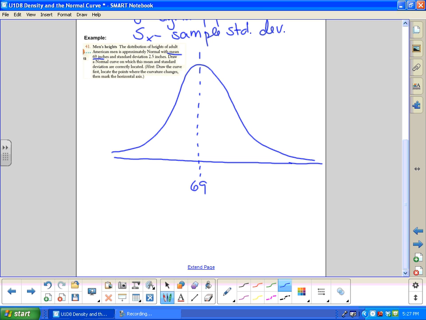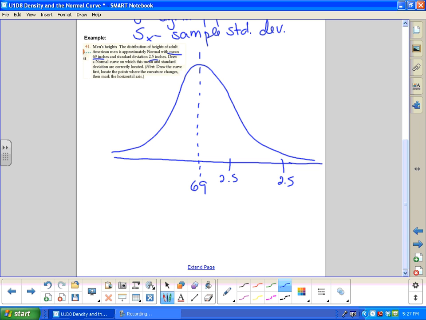Okay, then when we're drawing out a normal distribution, like they've asked us to do, we want to locate at least 2 standard deviations on either side of the mean. Now, I have a 69 here. I don't really know how wide 2.5 is. Standard deviation is 2.5. I could make this 2.5. I can make that 2.5.